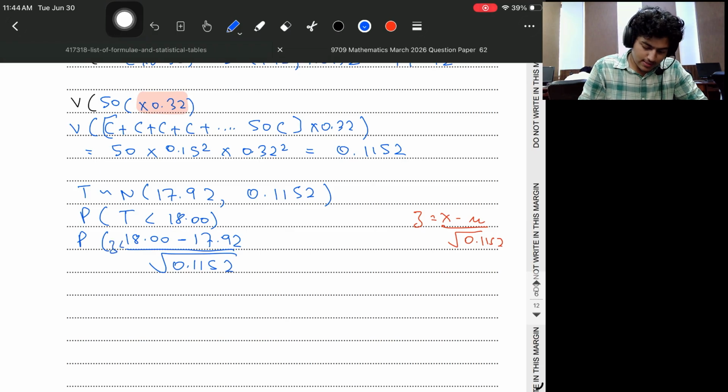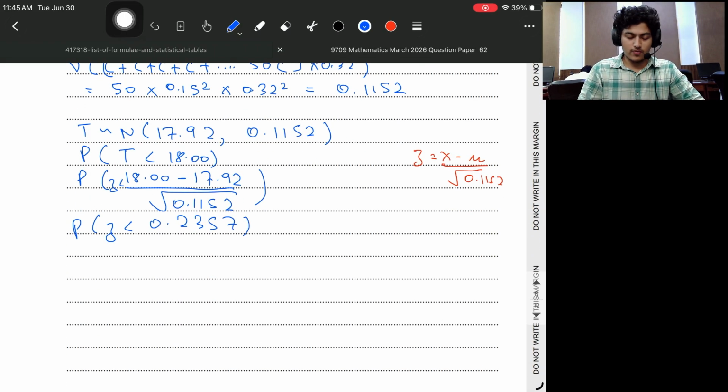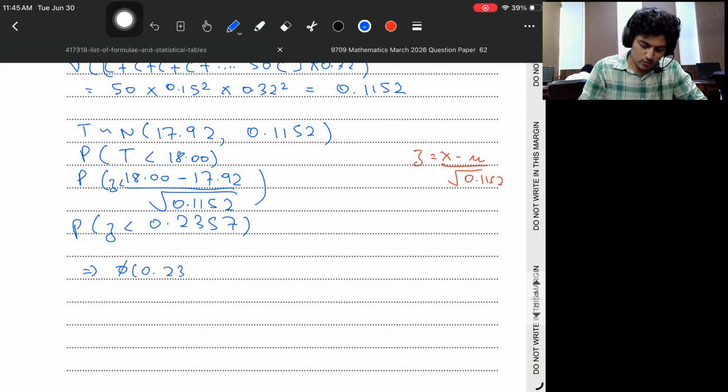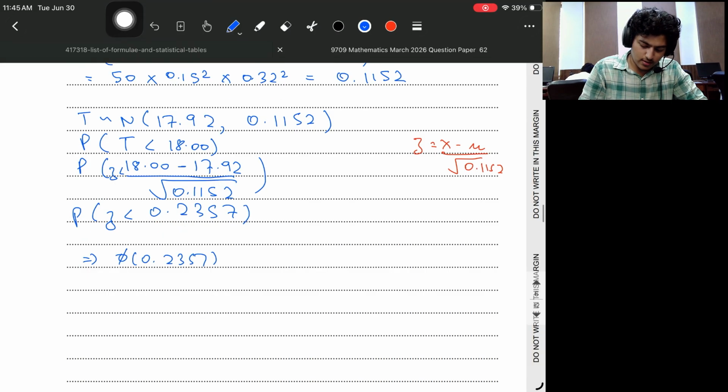So this is the z value that we are getting. Write it out, that would be 0.2357, and any probability less than a positive number would just be equal to phi of 0.2357. Let's find it out.